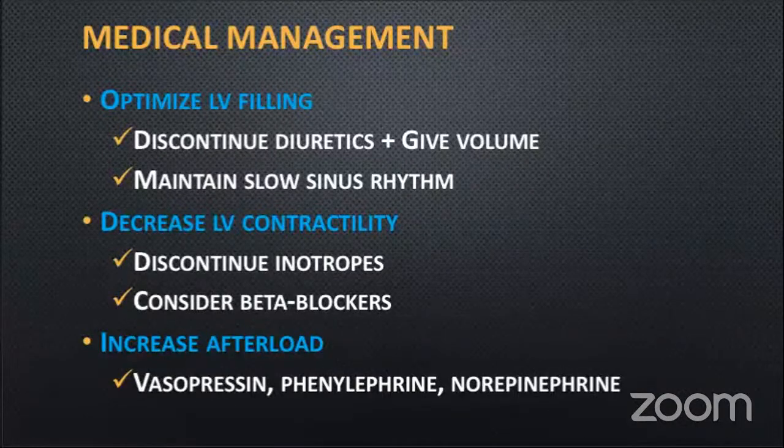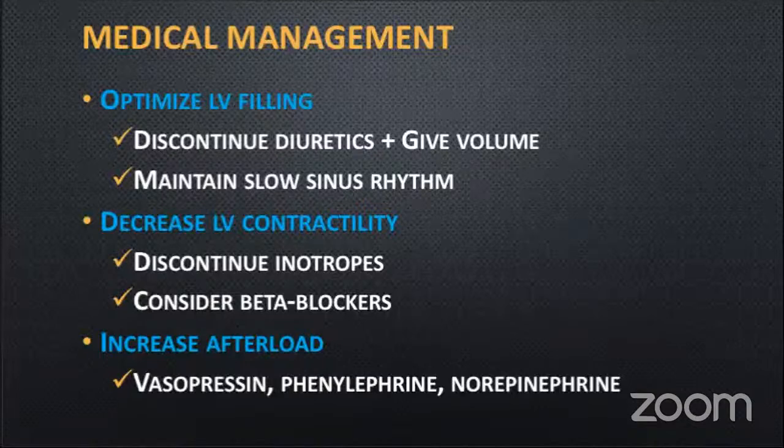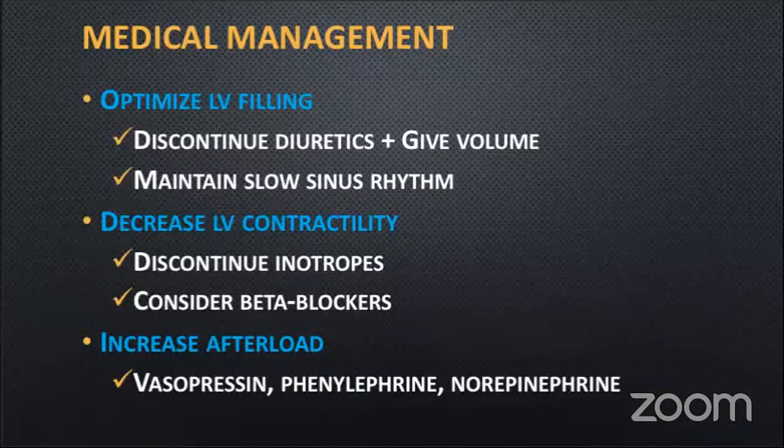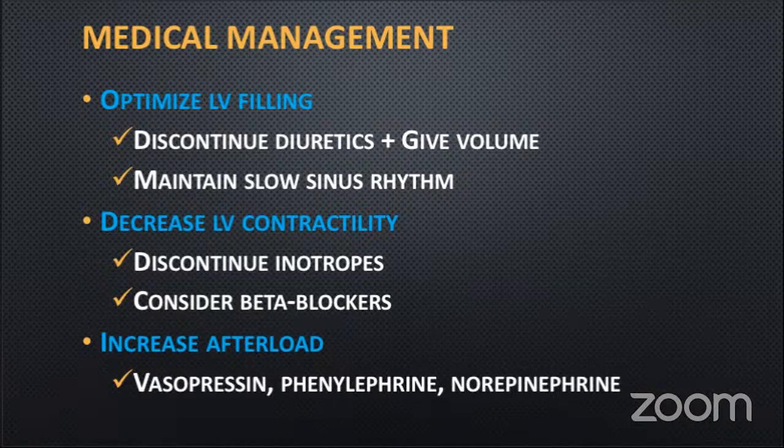The second is to maintain slow sinus rhythm. I've been searching whether there is any target rate, and I think the best rate that we can reach is a sinus rhythm of 60 beats per minute, to help a stiff ventricle and to lessen the systolic anterior motion.